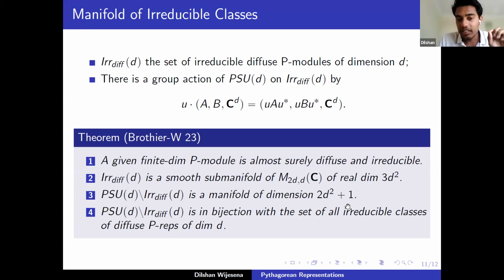And each point in this manifold is going to be in bijection with a set of irreducible classes of diffuse Pythagorean representations of dimension D. So this result really shows you that you get a whole heap of irreducible classes of representations from this machinery. In dimension 1, you get a 3-dimensional manifold of irreducible classes, and it's actually S3 minus 2 circles. In dimension 2, you get a 9-dimensional manifold, and so on.